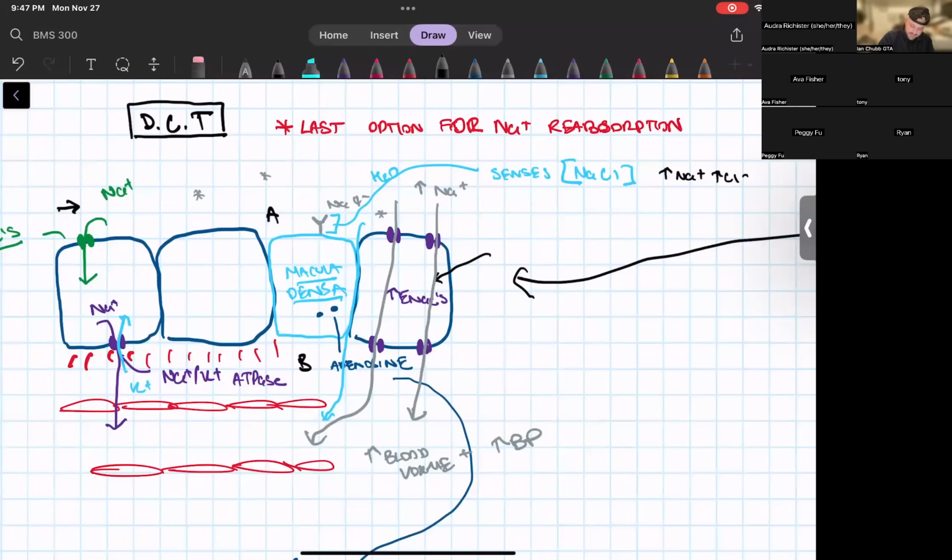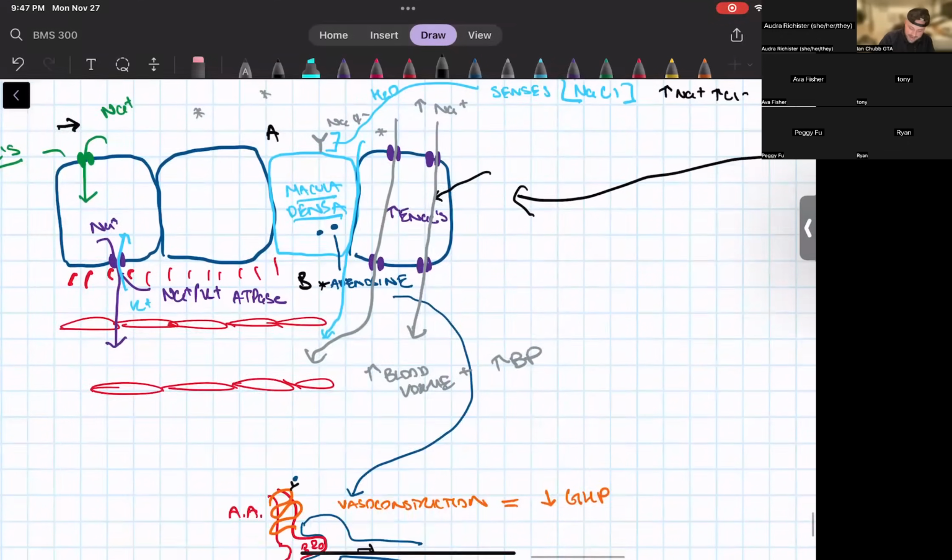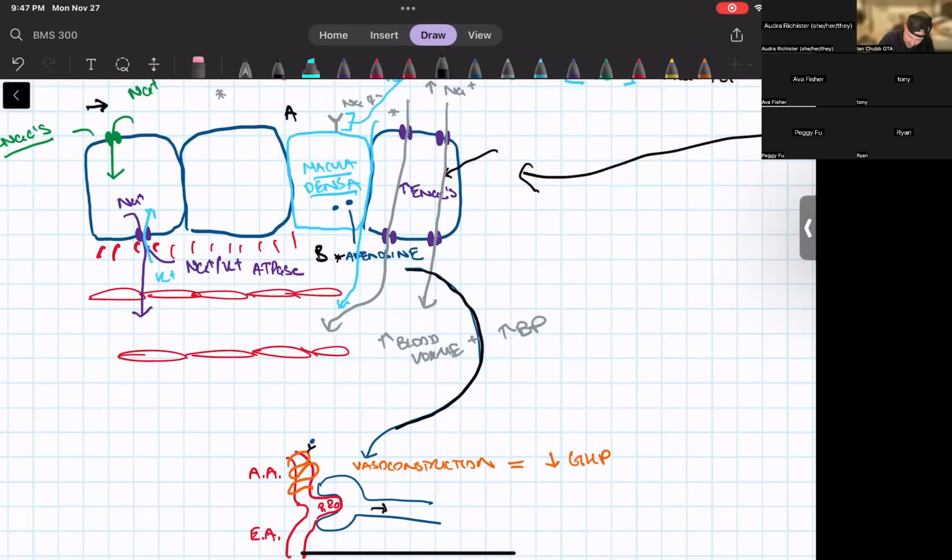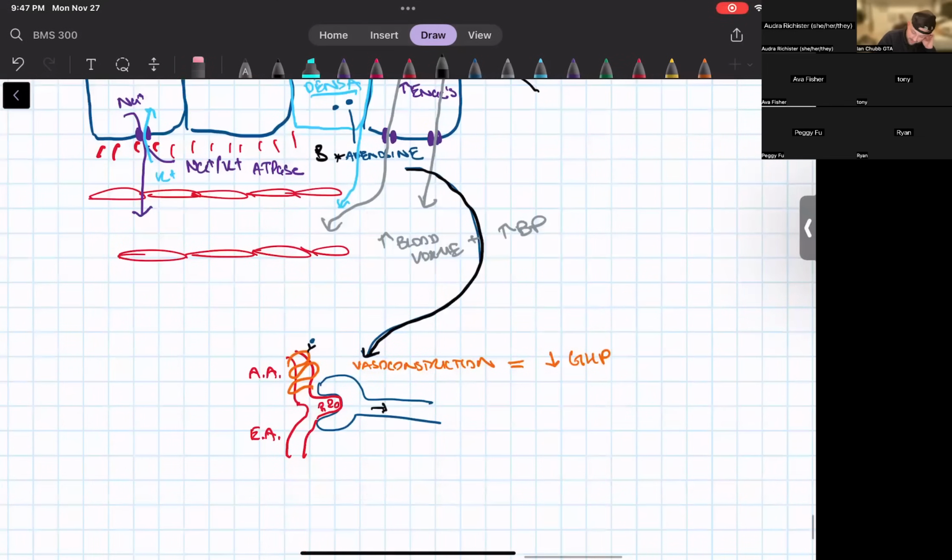And what we're going to use is something called adenosine. Adenosine is going to act on smooth muscle that's around our vasculature. So we have smooth muscle around the afferent arteriole, not the efferent. We want to constrict the afferent so that we can slow the blood flow down a little bit. So we'll have vasoconstriction, which will decrease the GFR, glomerular filtration rate.